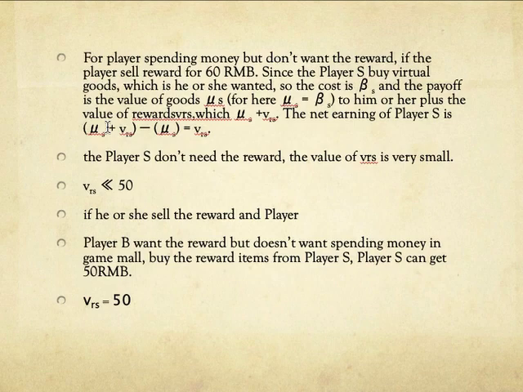It only means a comparatively lower value, which we assume is beta S, and the payoff he can get is mu S, and here mu S equals beta S.